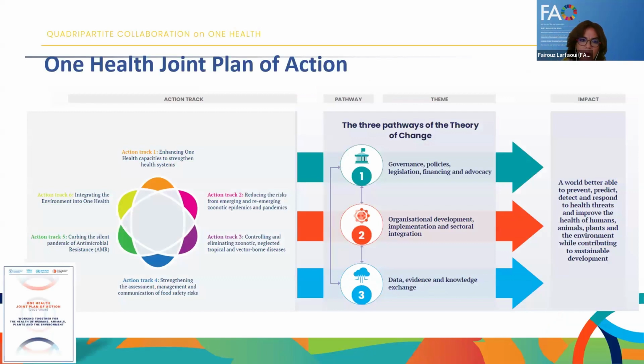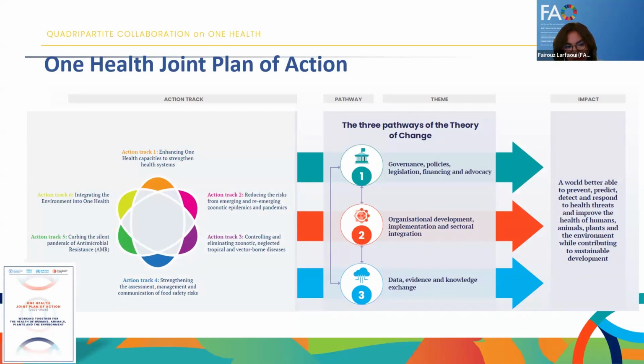Now, also to bring to your attention here, it is a framework that was developed by the 4 organizations I mentioned before, the quadripartite. So this is where FAO actually is very much engaged with partners in upstreaming One Health.